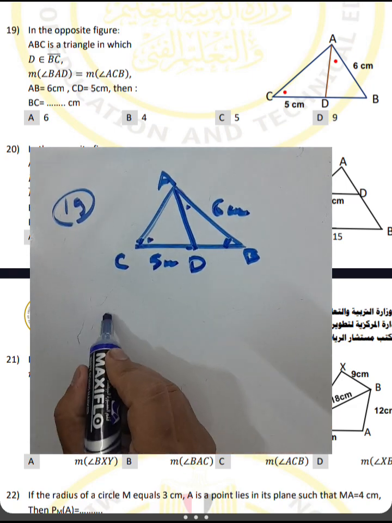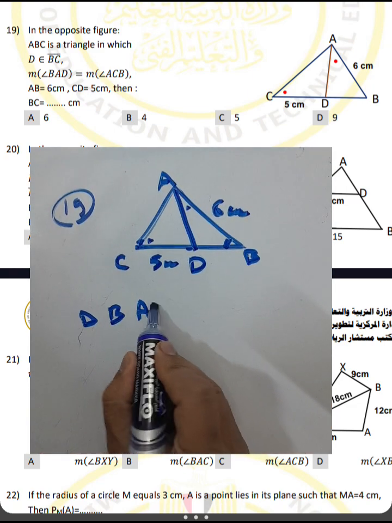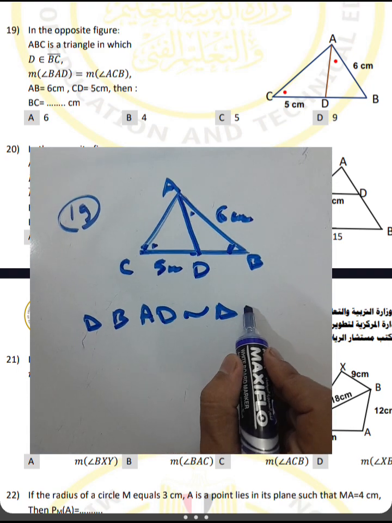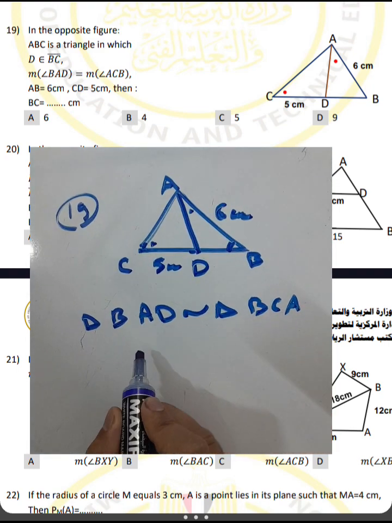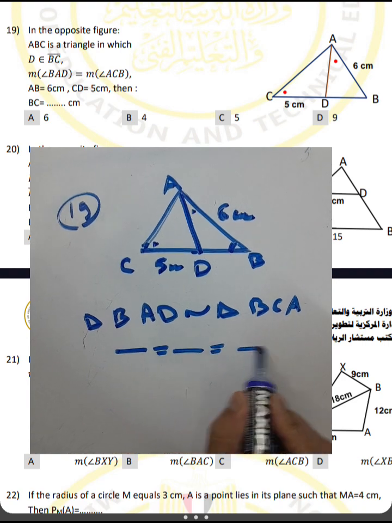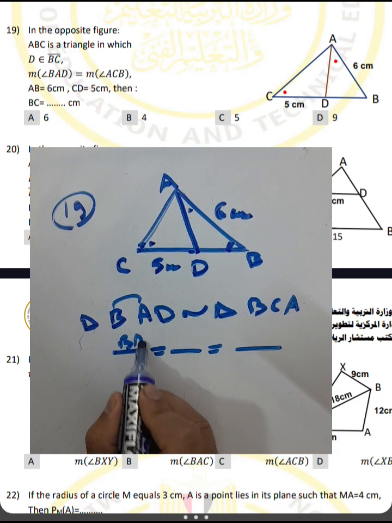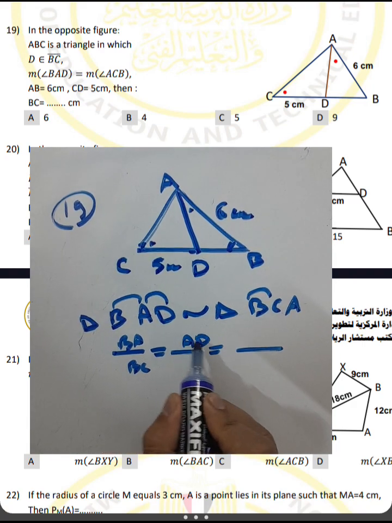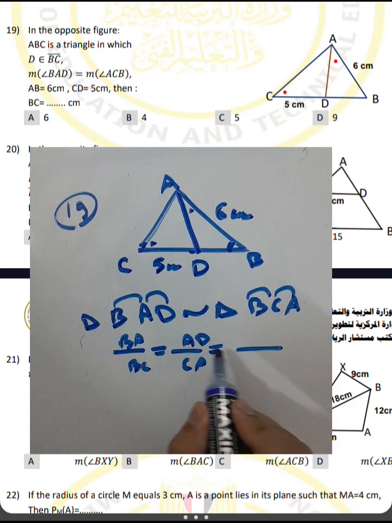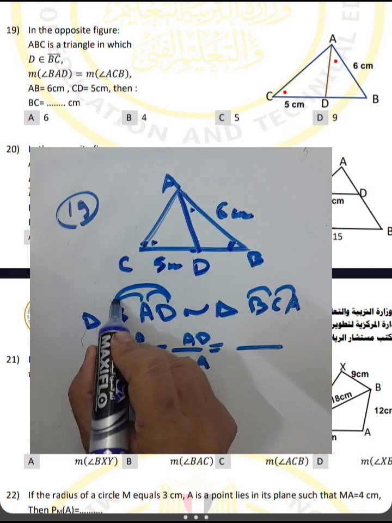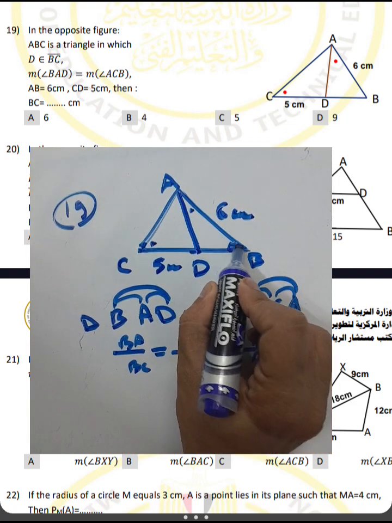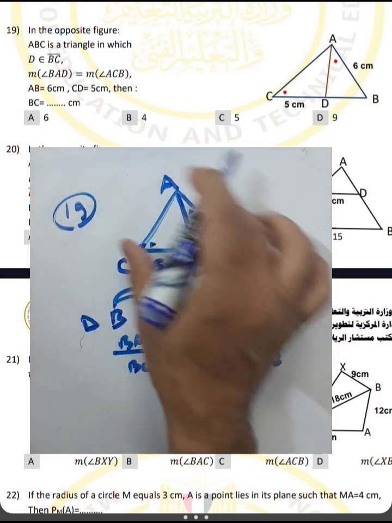First triangle BAD, similar with another triangle BCA. And then you can write the ratio: BA over BC equals AD over CA equals DB over AB, because this angle is common between the two triangles, the smaller triangle and the greatest triangle.